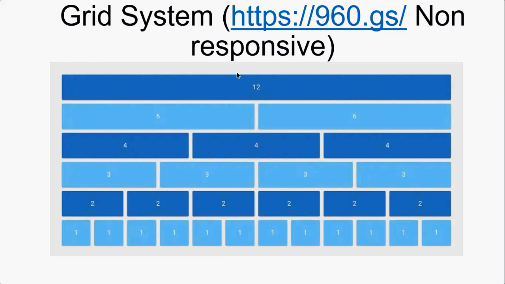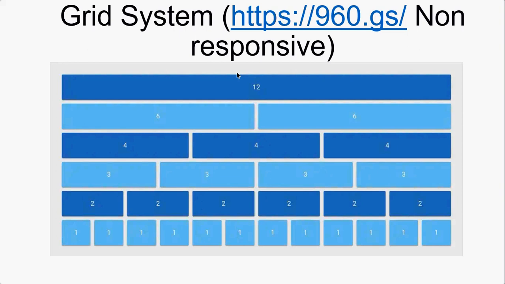Whenever we reduce the screen size, that time we are going to stack the items, right? How items are going to be aligned one after another, how items can be stacked on top of each other, that we can do by using this grid system.